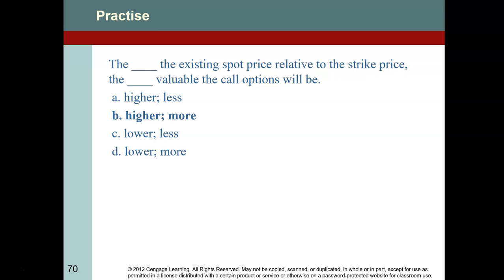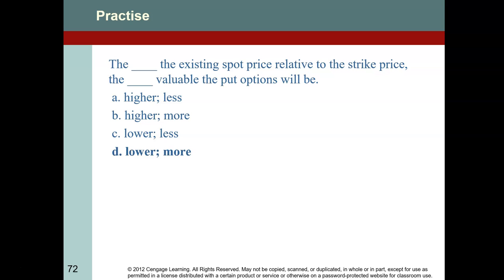The higher the existing spot price relative to the strike price, the more valuable the call options will be. When the spot price is higher than the strike price, we can purchase the currency at a low strike price and sell it at the higher spot price to make a profit. So the call option is more valuable.